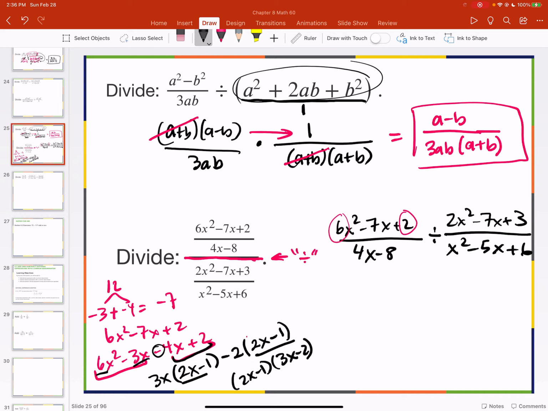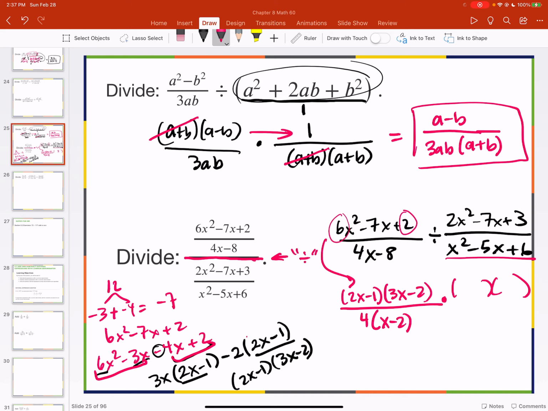So all that work, right? So we have this here. So that becomes 2x minus 1, 3x minus 2. GCF in the bottom is 4x minus 2. Oh, that's nice. And then times, we flip this. This becomes our new numerator, right? x minus 2, x minus 3, all over the denominator, which is 2x squared minus 7x plus 3.